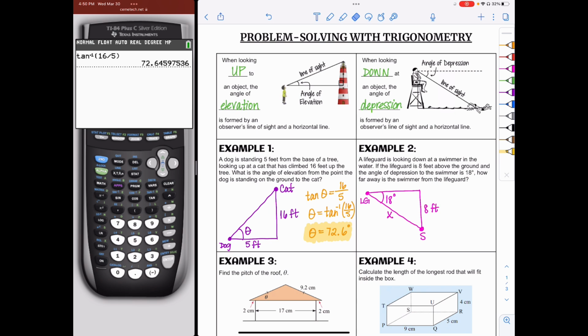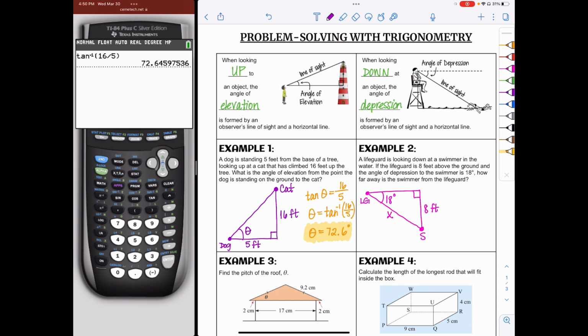And then they said here that we have an angle of depression of 18 degrees. So this is my triangle. Because I have the angle, I have the opposite, and then I have the hypotenuse, of course, because this is a right angle here. Okay, and I need to draw my right angle in for the other triangle as well.